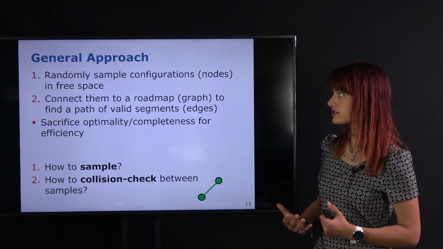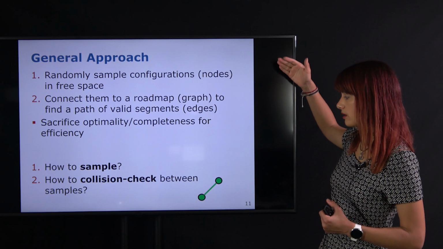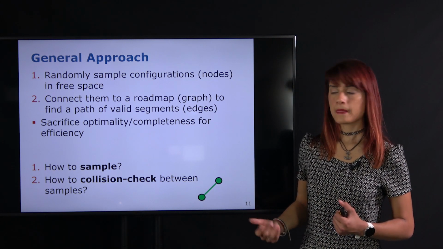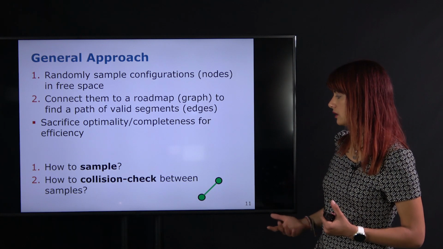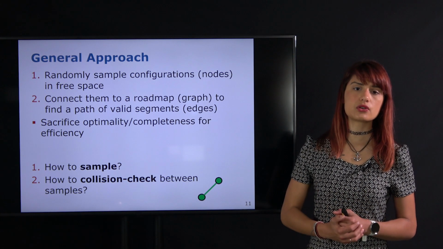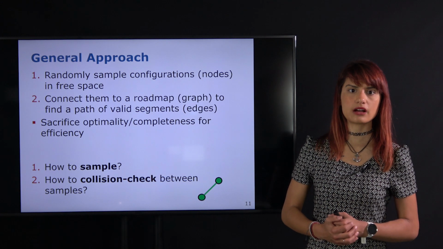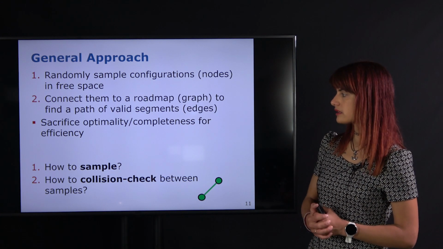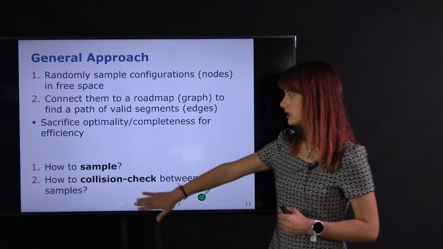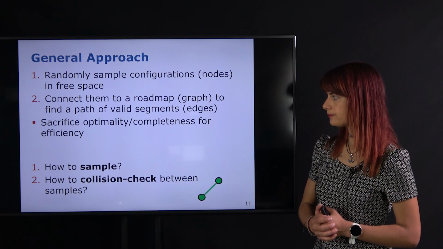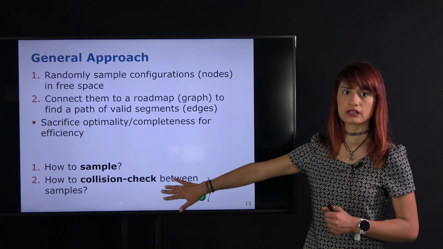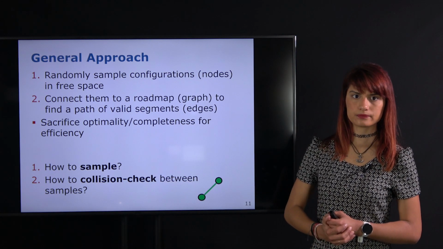So if I have just executed step 1 and found a new node in my configuration space, how do I check its validity with respect to all the other nodes that I might currently have in my graph? And this step is fundamental in sampling-based approaches. It's called collision checking. So on the next slides, we look at how we can actually answer these questions.